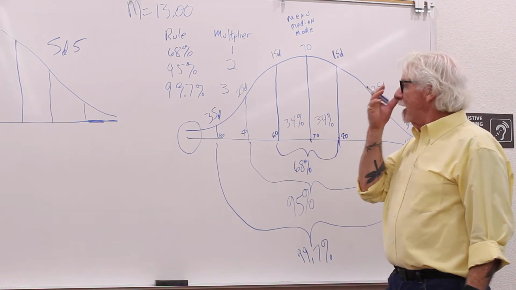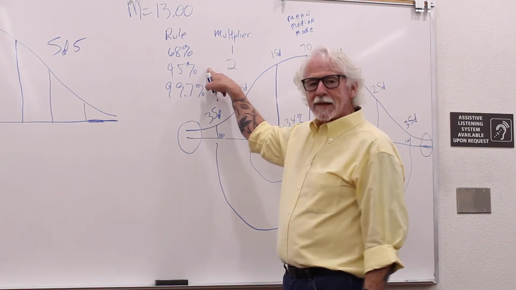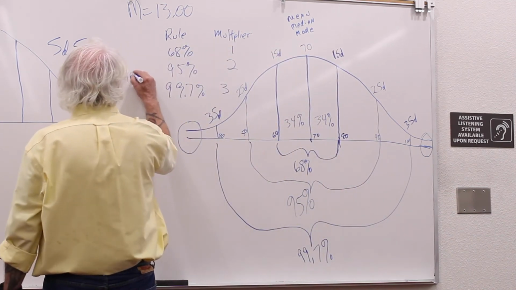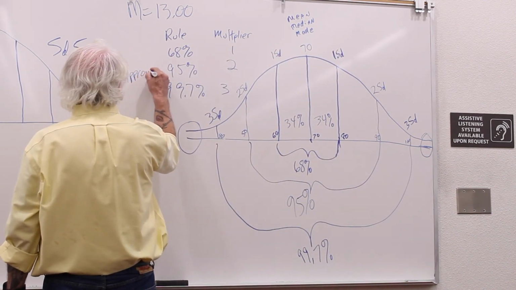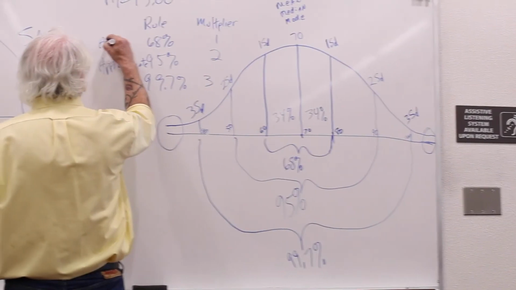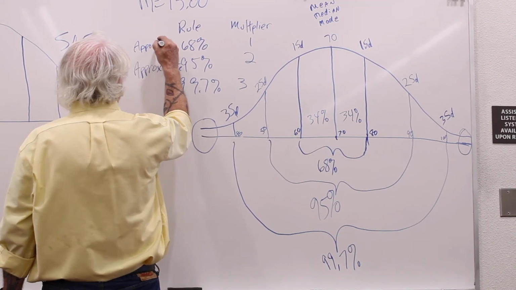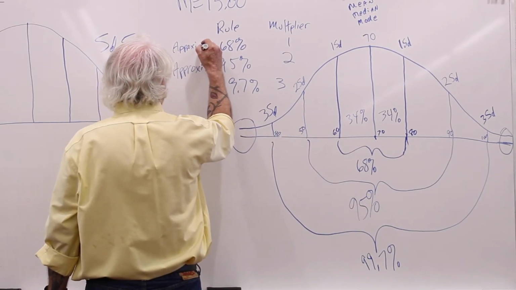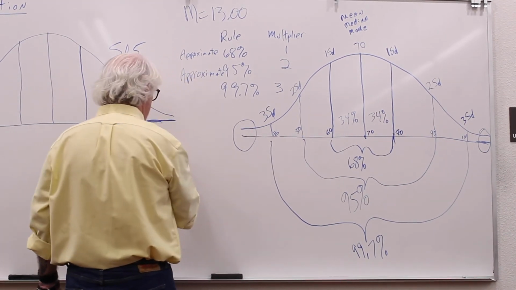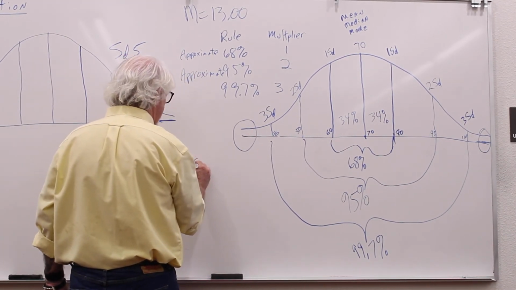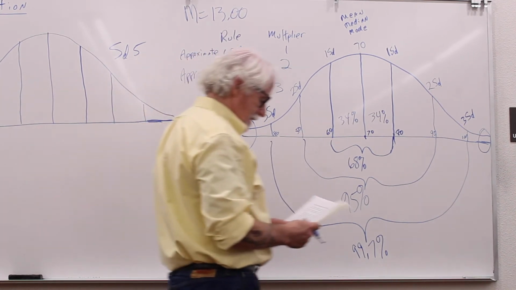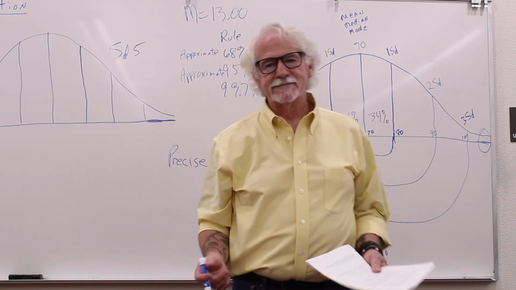So there's the 68% rule, the 95% rule, and I'm even going to write it here, approximate, and then there is the precise 95% rule.